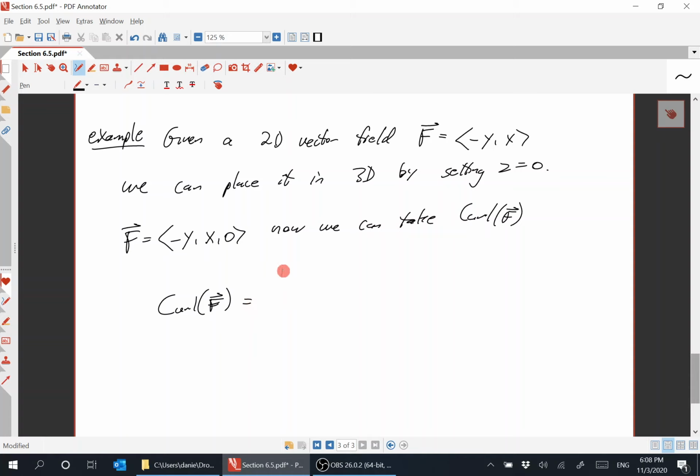So here the curl of f is i, j, k, partial with respect to x, partial with respect to y, partial with respect to z, minus y, x, 0. So this is equal to, in the x component, 0 minus 0. In the j component, this is 0 minus 0.